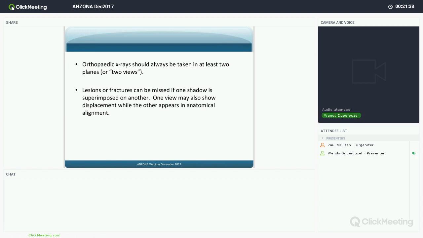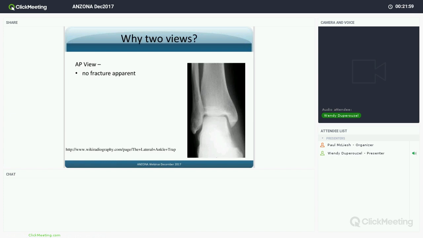There can be shadowing over the top that we're not seeing. Also, it may not show the displacement because it appears in really good anatomical alignment from the plane that we're looking through. But then when you turn it around 90 degrees and look laterally, you can see displacement. And this next slide is just going to give you a little example of why we look at 2 views.